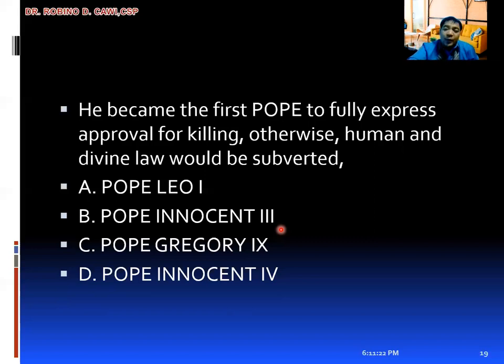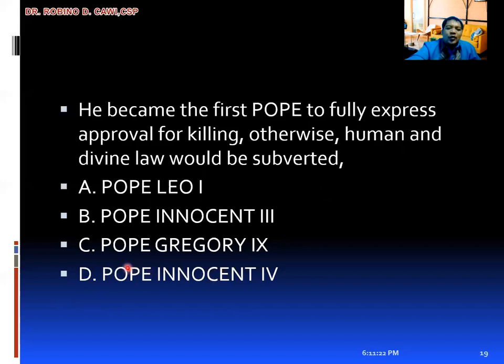Because just try to imagine, in just one decision, Pope Innocent III has convicted some 2,000 felons to die on death penalty. Okay, but of course, since he is the Pope, he tried to wash his hands like Pontius Pilate and transferred the execution of these 2,000 criminals to the king.